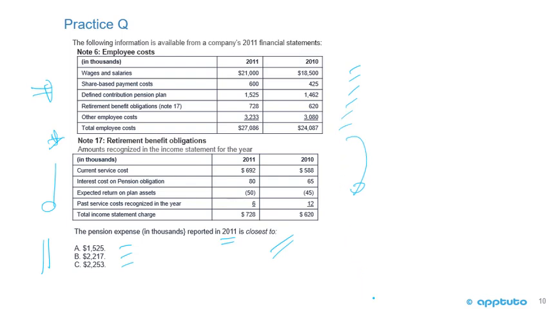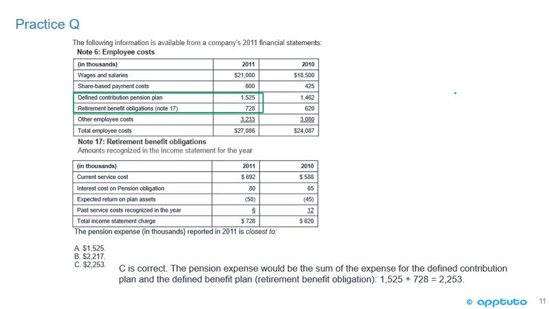And the retirement benefit obligation is broken down to current service cost, interest cost on pension obligation, expected return on plan assets, so we know this would be under US GAAP, this question, past service costs recognized in the year, and total income statement charge. So it's giving you a total income statement charge there. You can see that number 728 is the same as up here because it's asking you to go to note 17. Okay? Anyhow, I just thought I'd throw in this question.